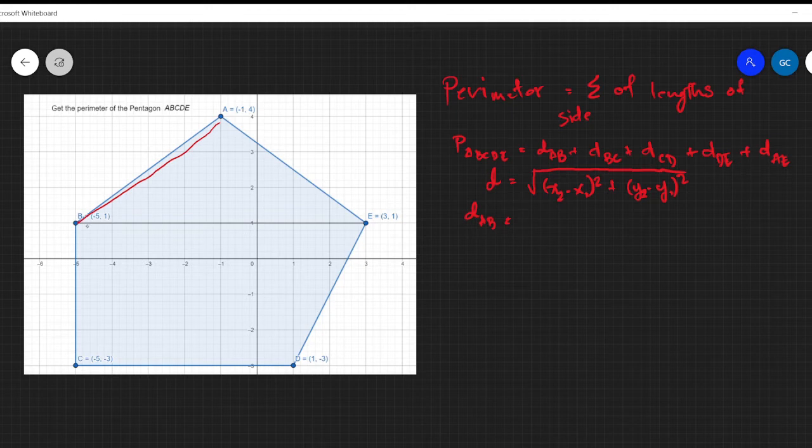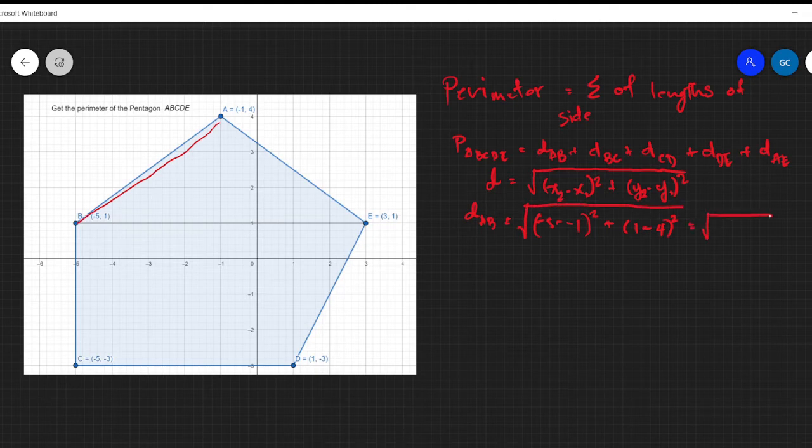Let's take B as our second point. So our x2 will be -5, then minus x1, which is -1. Sorry, that should be minus -1, then we square that. We add y2, which is 1, minus 4, squared. Then we get the square root of that.